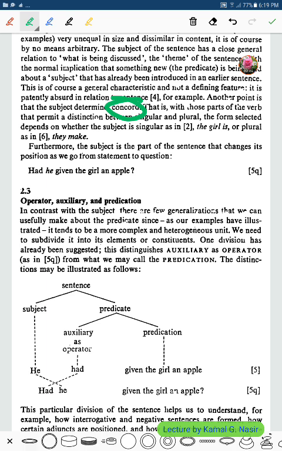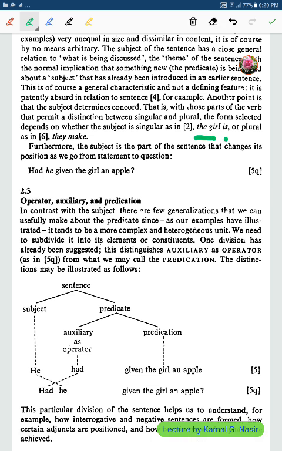So the subject determines concord. Okay? The subject determines concord. Concord with what? With the verb. So if the verb is singular, this is the meaning of concord: if the verb is singular, then the subject should be singular. If the verb is plural, then the subject should be plural, like the example here.